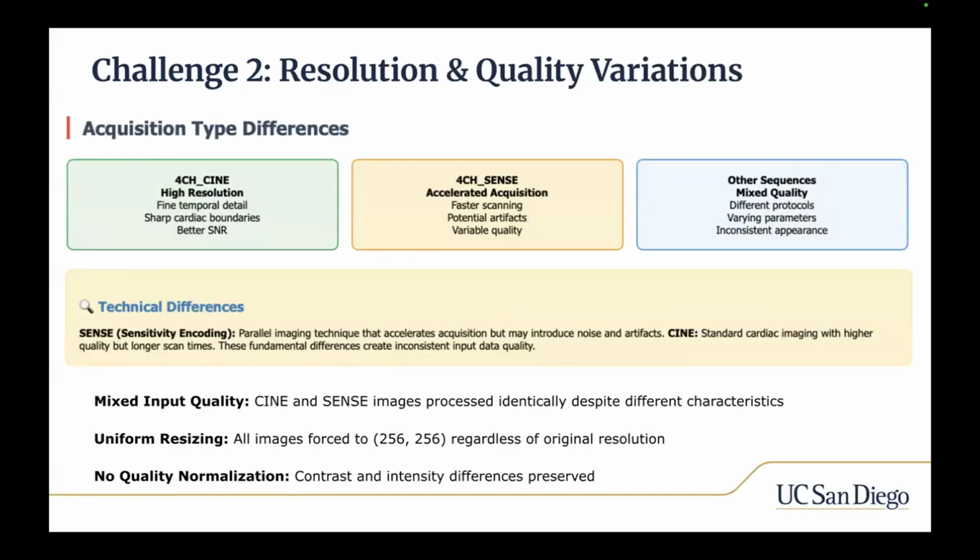Next slide. The next big challenge was resolution and quality variation, the sine versus sense versus other sequences. I feel like maybe we should just try mixing, if higher quality, because these are faster scans, right? And they have for example 160 slices in the Z-stack.